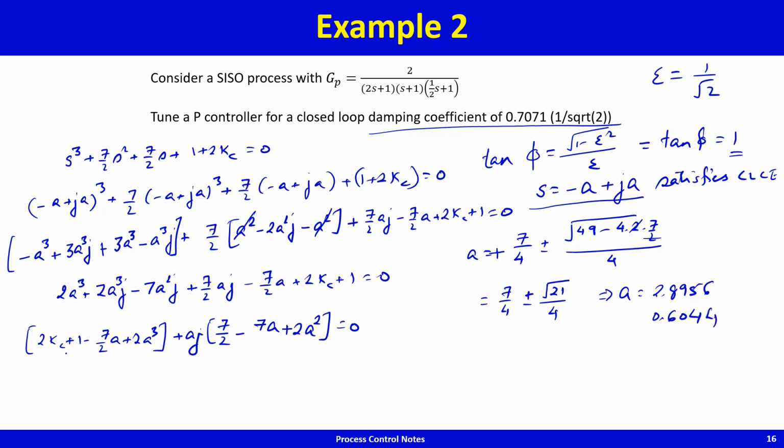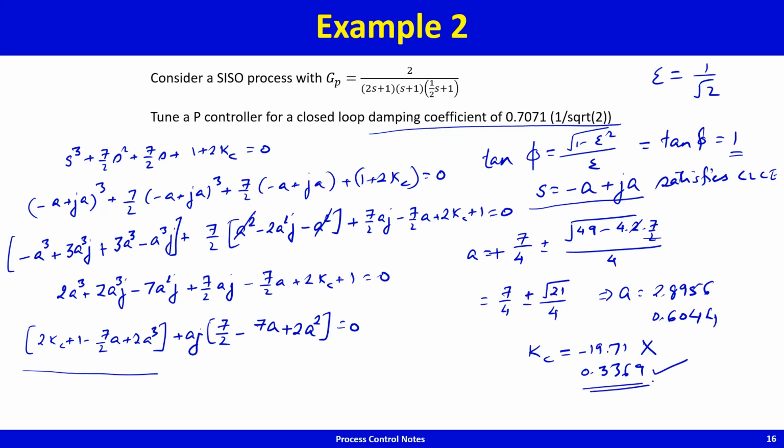If you apply this to the real part going to 0, you'll get kc, and we get two values of kc. One of them turns out to be negative and the other positive. Obviously we are not looking for positive feedback, so we want negative feedback, and this is the value that gets accepted.